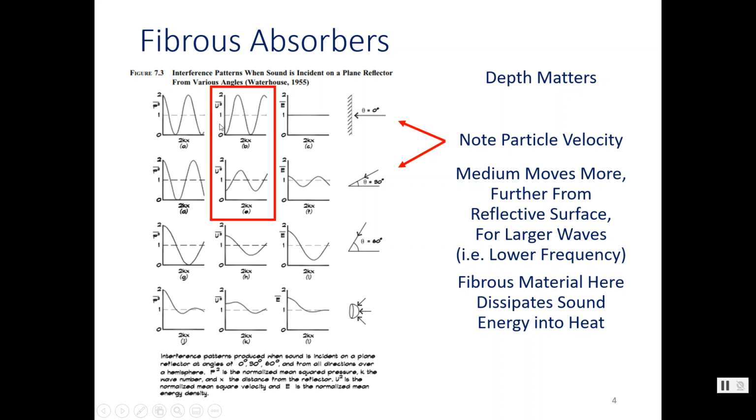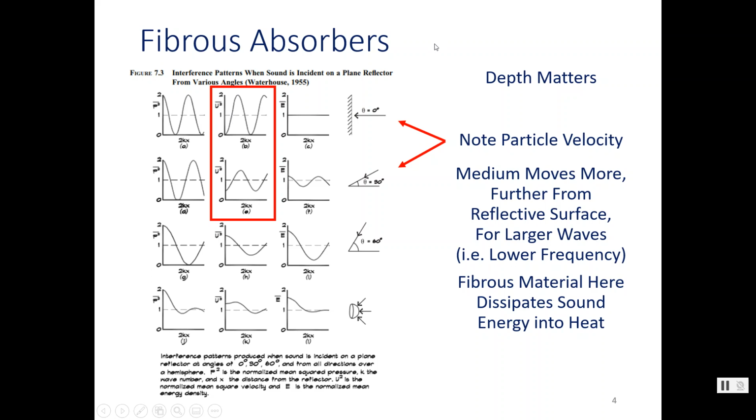That's this U. So here you'll see that once you get a certain distance away from the reflective surface, so here's that wave number, that distance away is dependent on the frequency of the wave or the wavelength. So a bigger wavelength, we're going to need to be further away to get to the point where there's significant particle velocity.